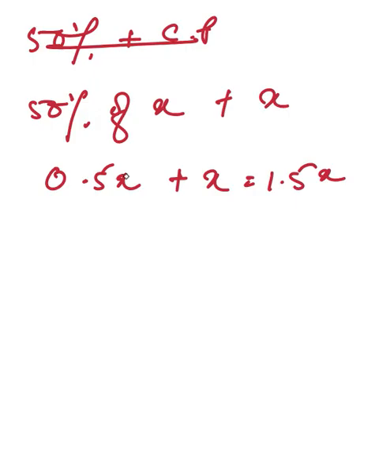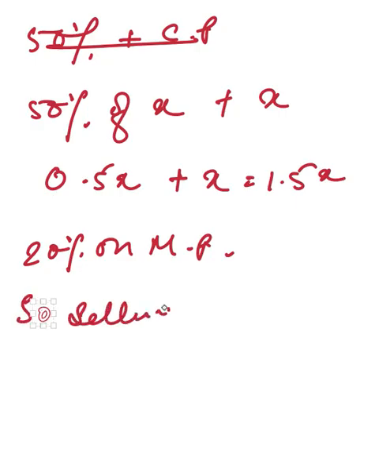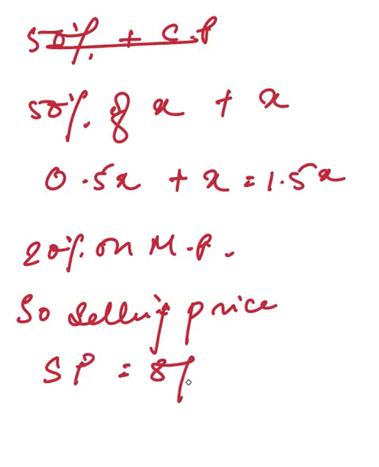Now next they are talking about a discount of 20%. Discount of 20% on the marked price, MP. So the selling price, SP, is 80% of MP.